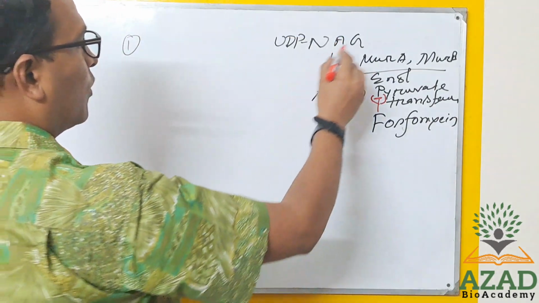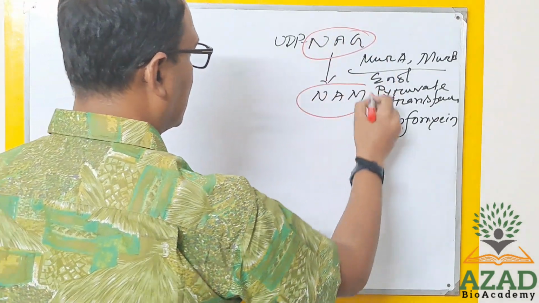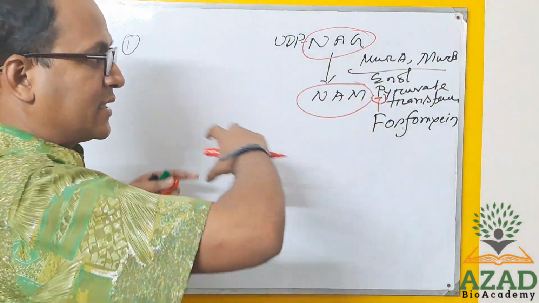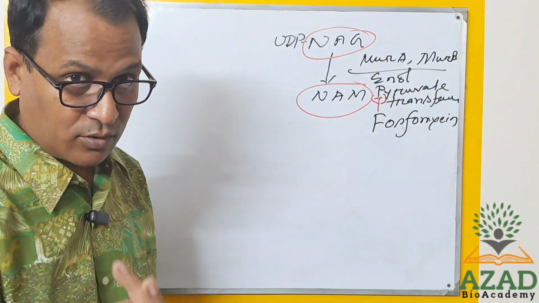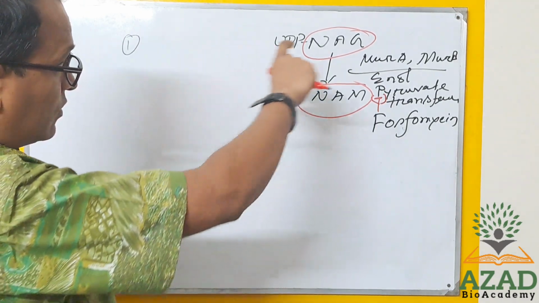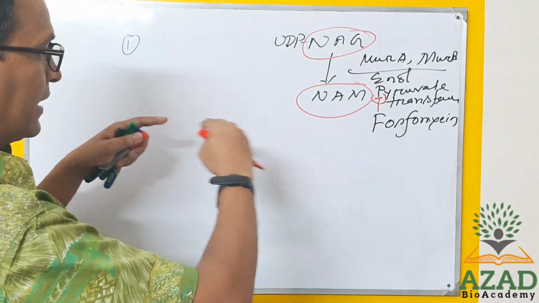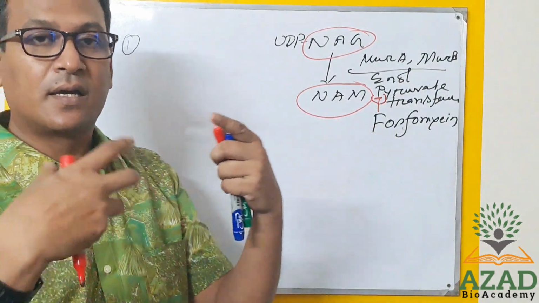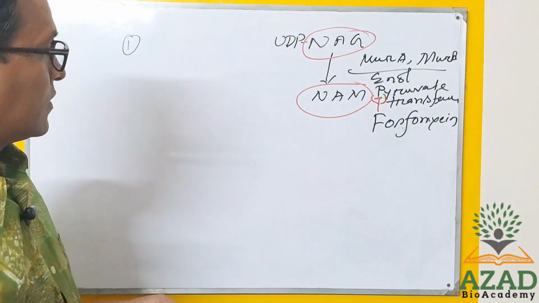You know, both sugars are the basic building blocks of the sugar chain, the basic skeleton. In the third phase, I already showed you that NAM and NAG are linked by the glycosidic bond.